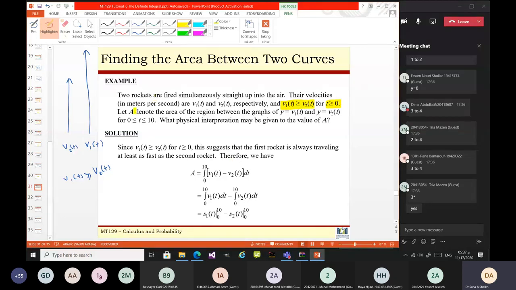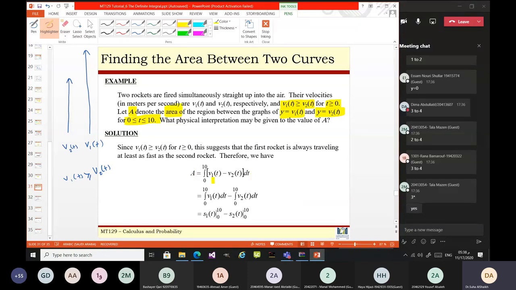Now, let A be the area of the region between the two graphs, v1 of t and v2 of t, where t is between 0 and 10. What physical interpretation can you make from this value A? What is A? It's the area, and you know, area means the integration.